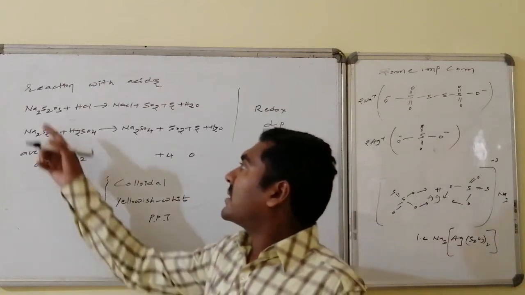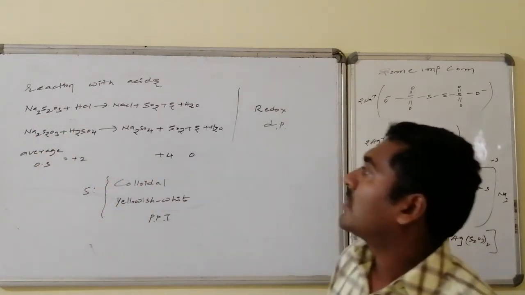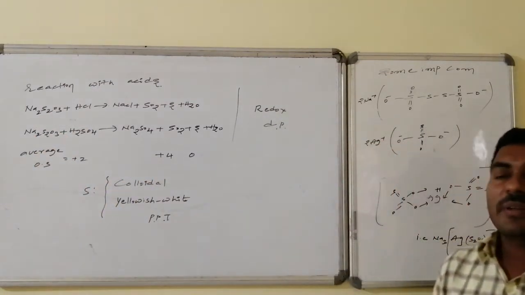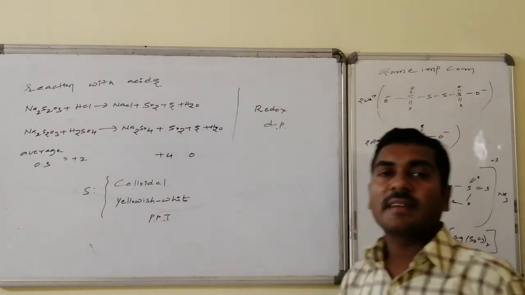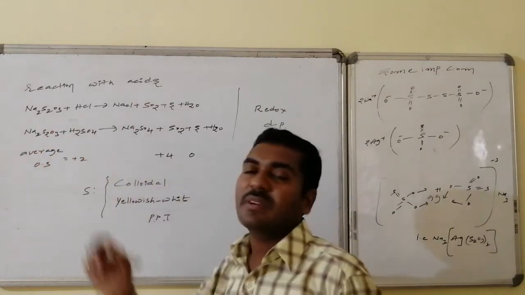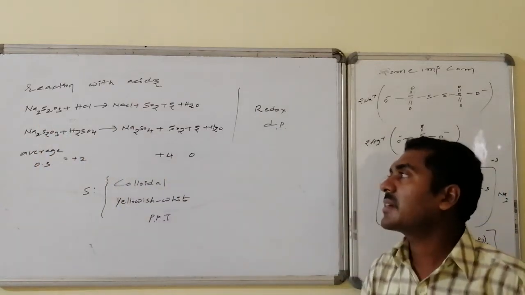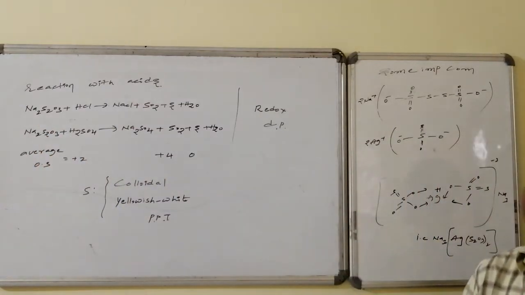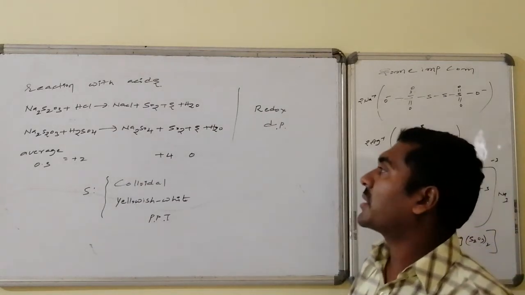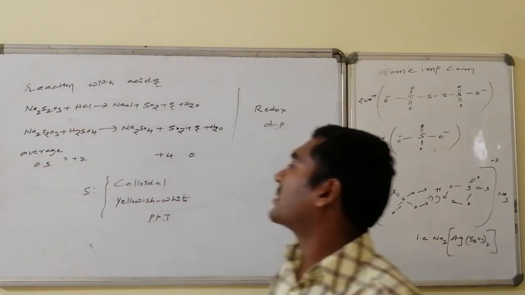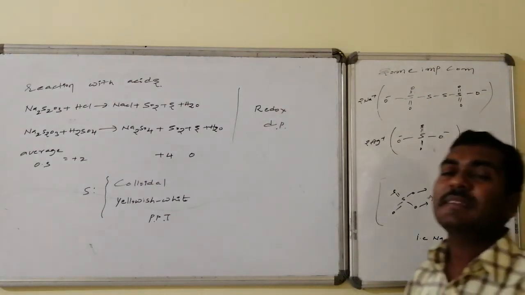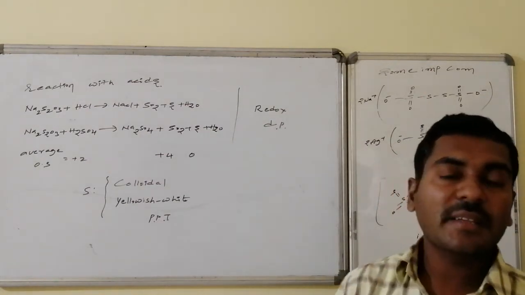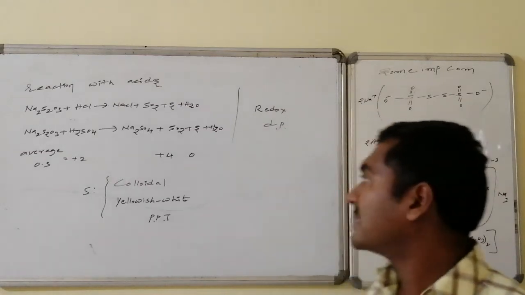In the same way, when the salt of thiosulfuric acid, that is sodium thiosulfate, reacts with acids like HCl, as it is a sodium salt it has basic nature, so an acid-base reaction takes place. Hence thiosulfuric acid followed by sodium chloride formation takes place, but that is unstable and exists in the form of sulfur dioxide as well as sulfur.